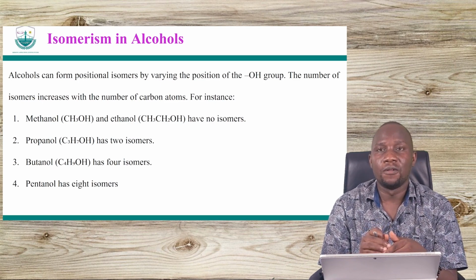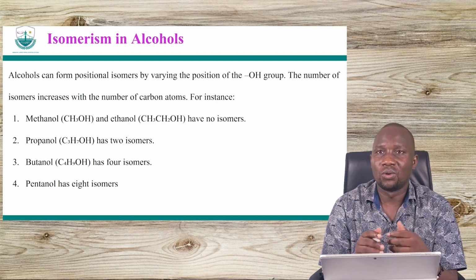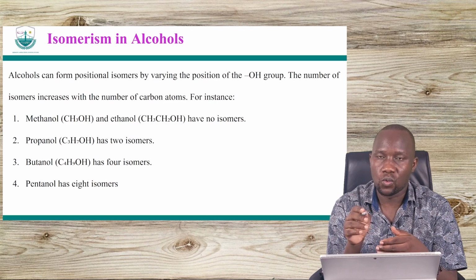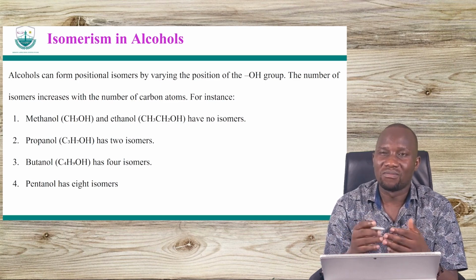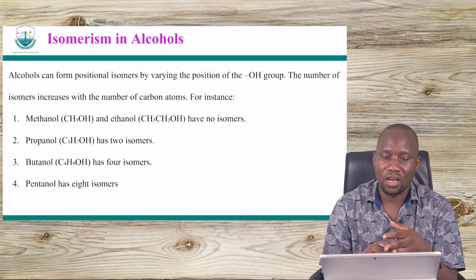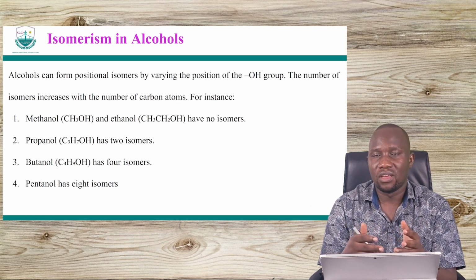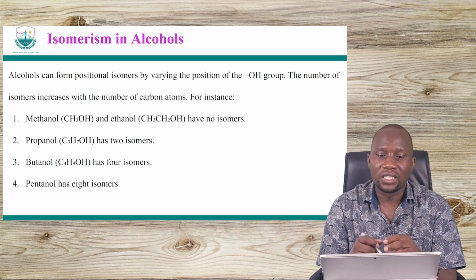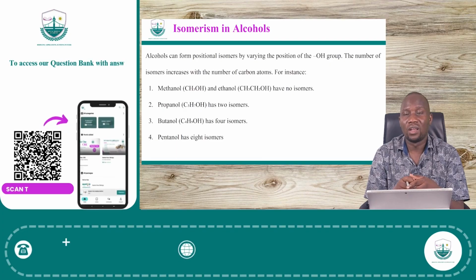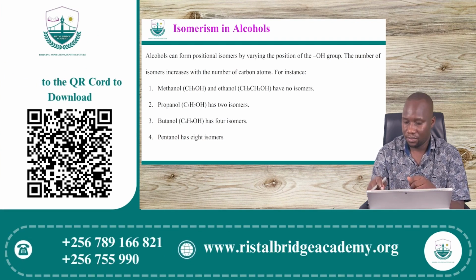With ethanol, regardless of where you place the OH group, it will always remain the same. With methanol and ethanol you cannot have it. But going further, when you have more carbon atoms, then isomerism happens. This type is called positional isomerism, where the OH group can be placed on different carbon atoms.